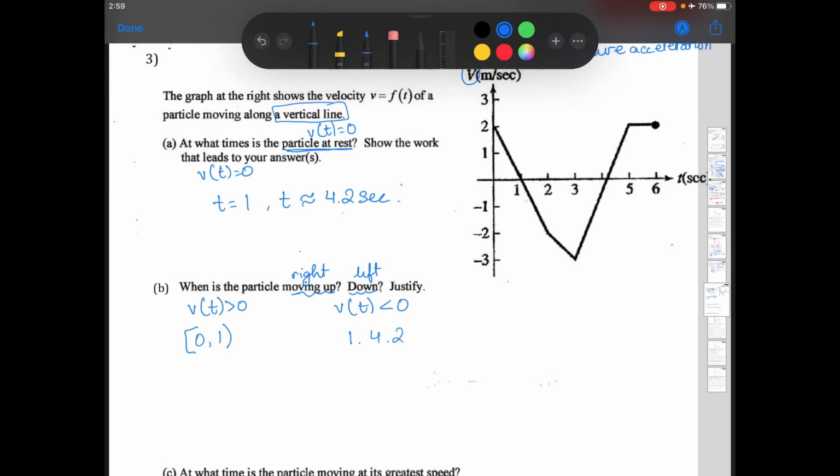Again, I'm going to use soft brackets because at 1 and 4.2 my velocity is not less than 0, it is equal to 0. And it is greater than 0 from 4.2 all the way to 6, right?